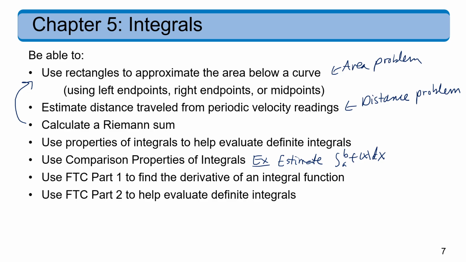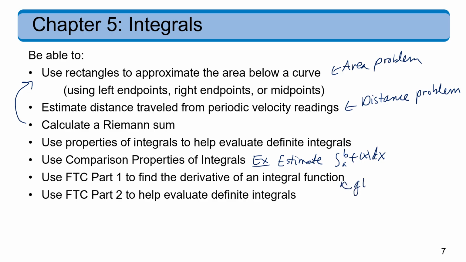And then the last 2 points are on the fundamental theorem of calculus. It had 2 parts. Part 1 gave us a method for finding the derivative of an integral function. Now remember what an integral function is.